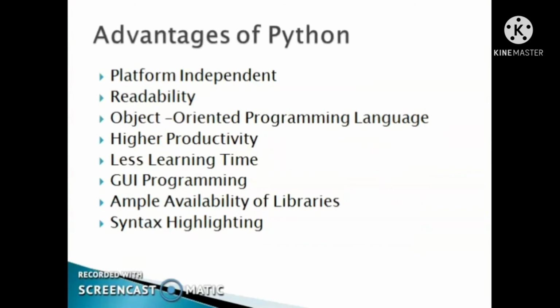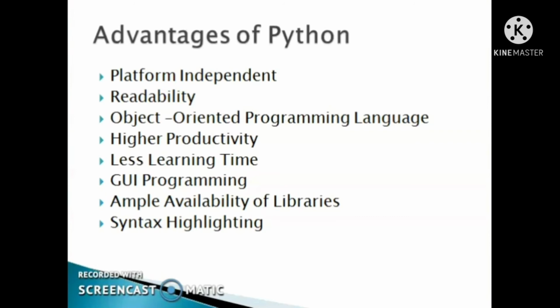Advantages of Python. Apart from the above salient features, Python offers the following advantages: platform independent, readability, object-oriented programming language, higher productivity, less learning time, GUI programming, ample availability of libraries, syntax highlighting.